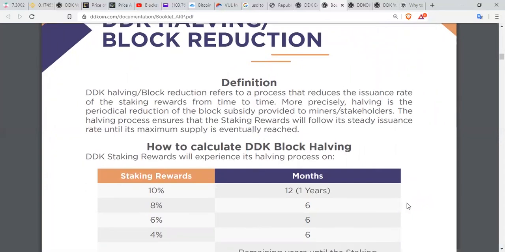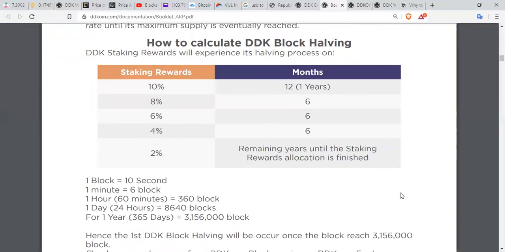So how do we calculate DDK block halving or block reduction? Remember that DDK staking rewards will experience its halving at 3,153,600 blocks. We have to recompute this because we found out that 8,640 times 365 is actually equivalent to 3,153,600.